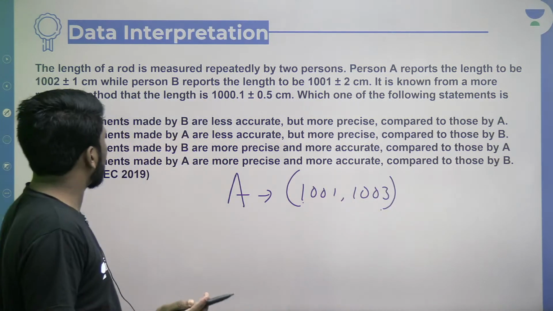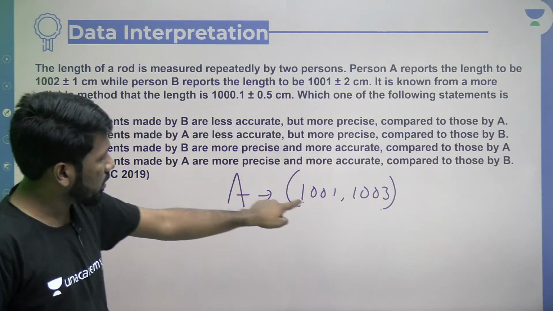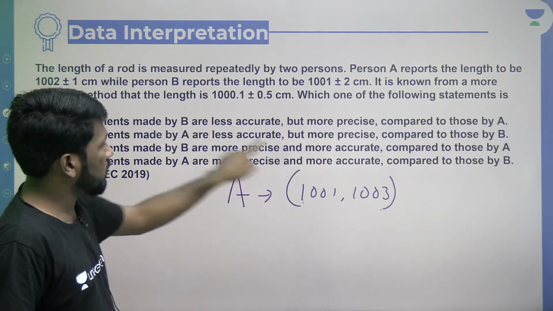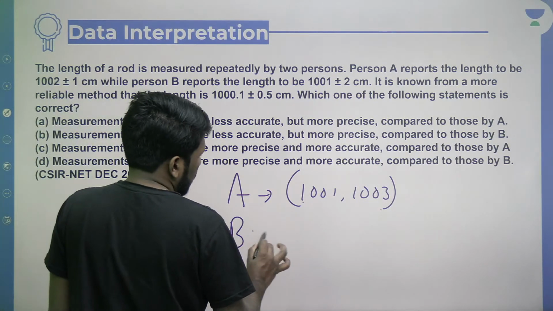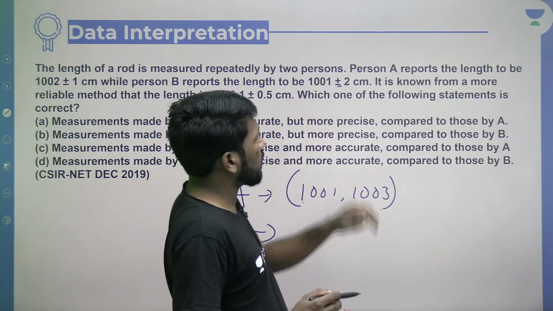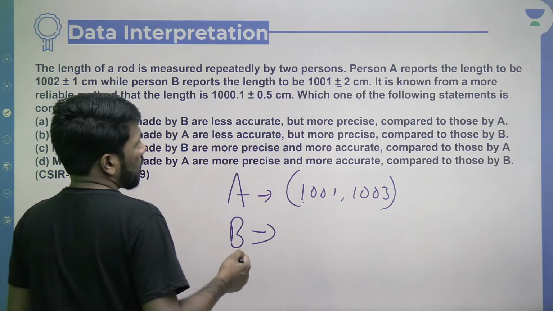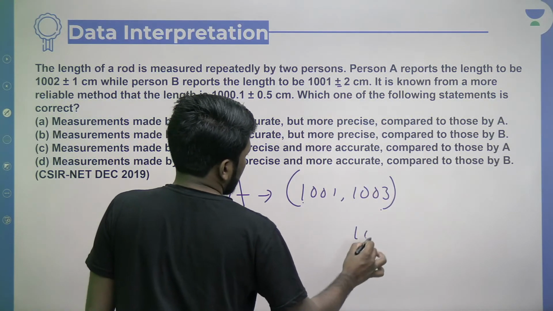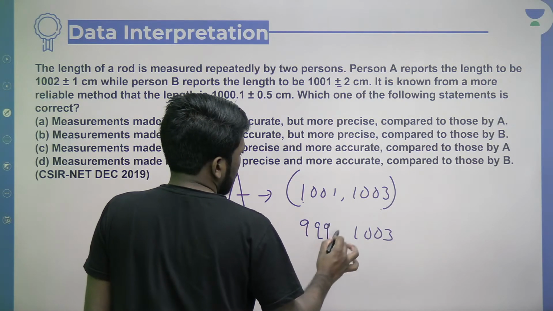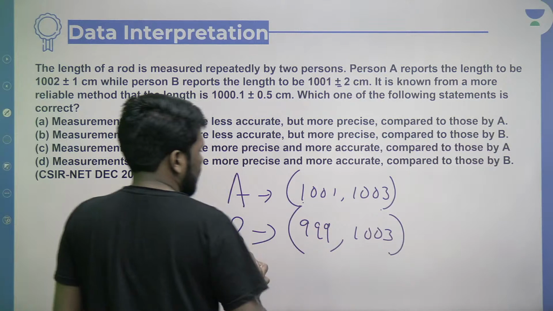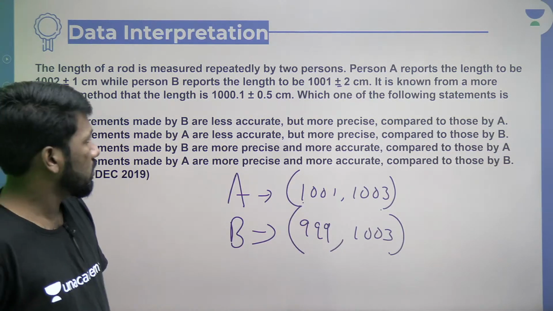Did you all understand that? 1002 minus 1 is 1001, 1002 plus 1 is 1003. Now what about B? B is telling 1001 plus or minus 2 centimeter. 1001 plus 2 is 1003. 1001 minus 2 is 999. So this is what B is saying. The answer will be in this range.